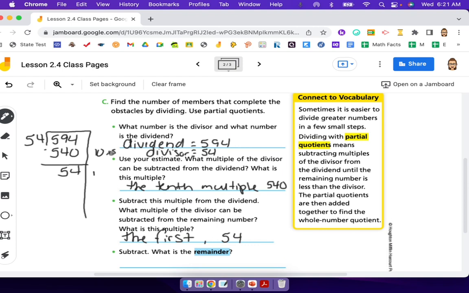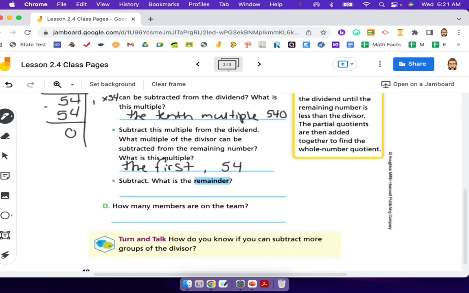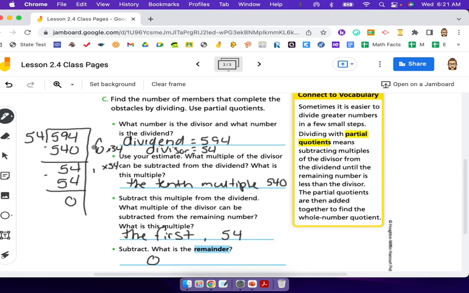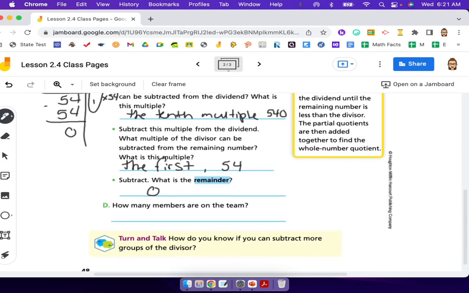And really, we can put times 54 so you can know what you're doing. But 54, we subtract, we get 0. And then we add these two numbers. That is 11. So 11 members.